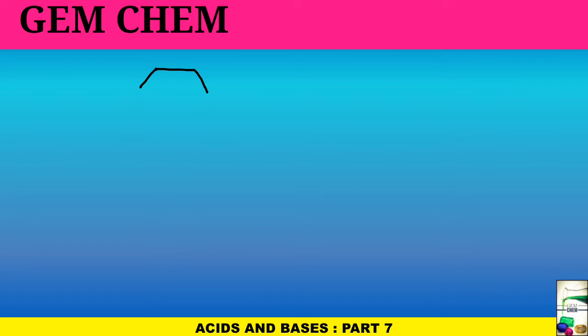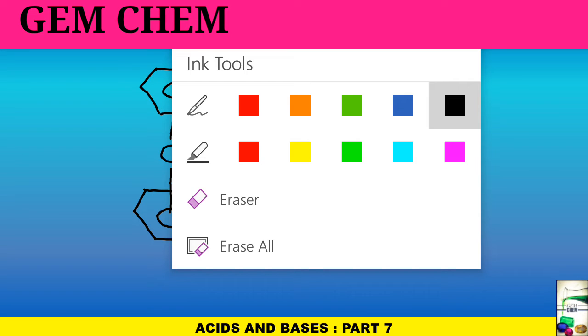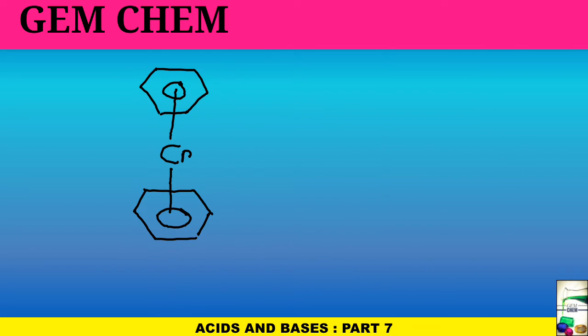For example, if we take one benzene ring and to it we join a chromium, which is acting here as the Lewis acid, and the other side is also joined with a benzene, then we can consider this part as our Lewis base, this part as our Lewis acid, and this part as our Lewis base, as benzene will donate electrons from both sides and chromium will accept those electrons, and this particular form is known as a Lewis adduct.